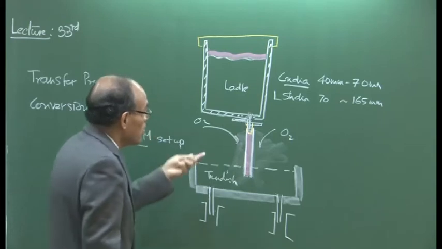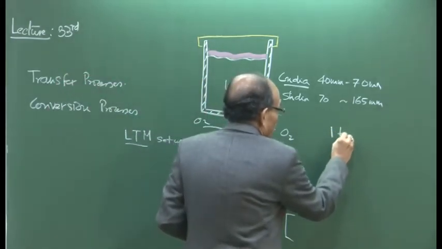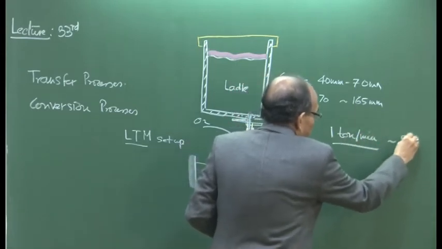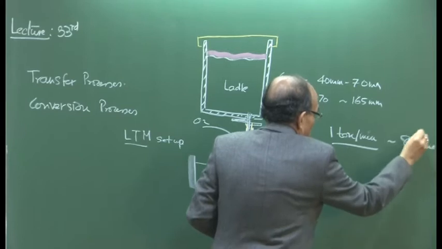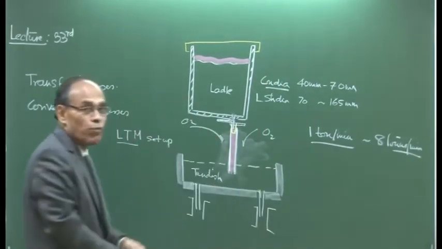At what rate could the molten metal be coming out from the tundish? At a rate of nearly 1 ton per minute to about 8 tons per minute, depending on the scenario that we have.